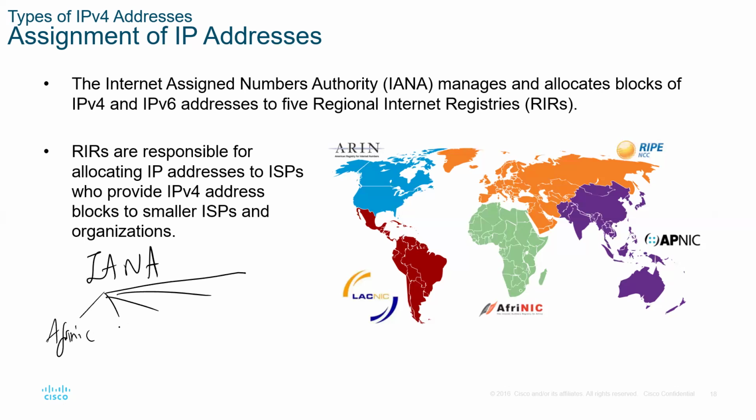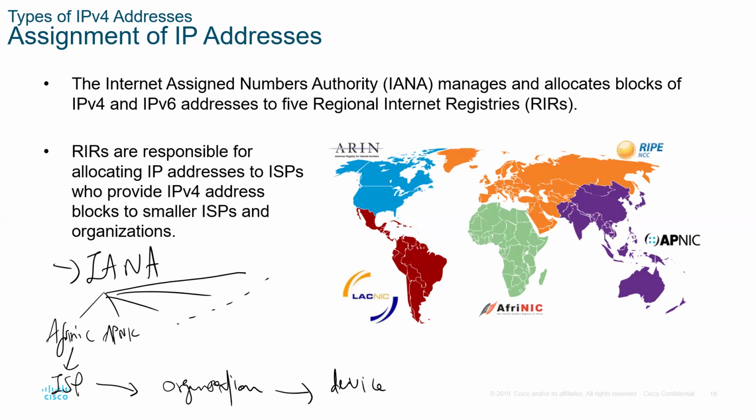We have one in Asia, APNIC, etc. So addresses come from IANA, they go down to the regional registries. From the regional registries, they'll get to our service providers. From the service provider, they will go to your organization. Your organization decides which device gets what address.